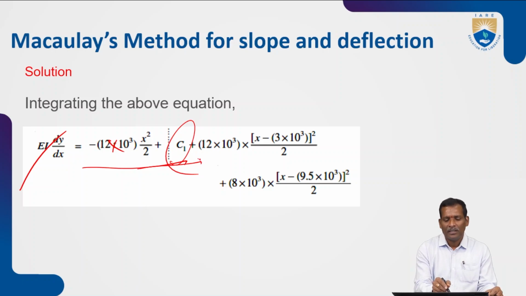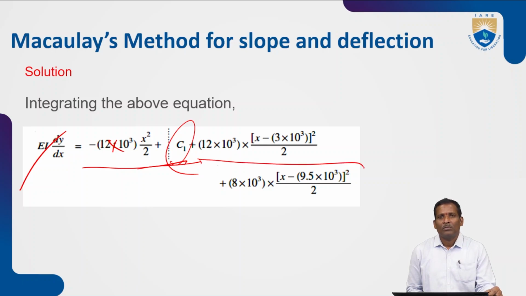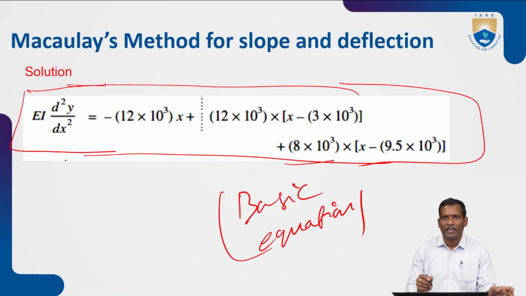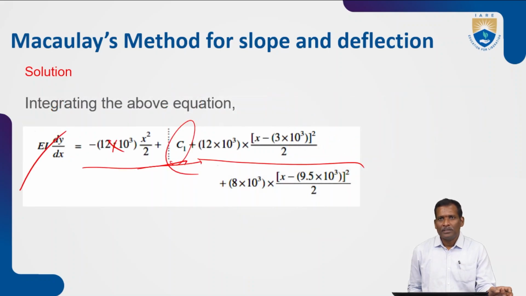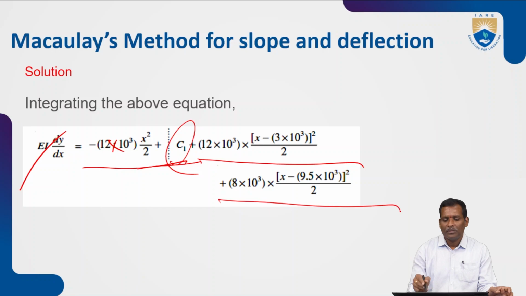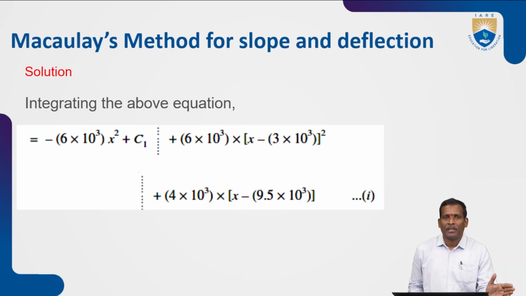And similarly, 12 into 10 cube into x minus 3 into 10 cube whole square by 2. So integrate this portion, plus 8 into 10 cube into x minus 9.5 into 10 cube whole square by 2.